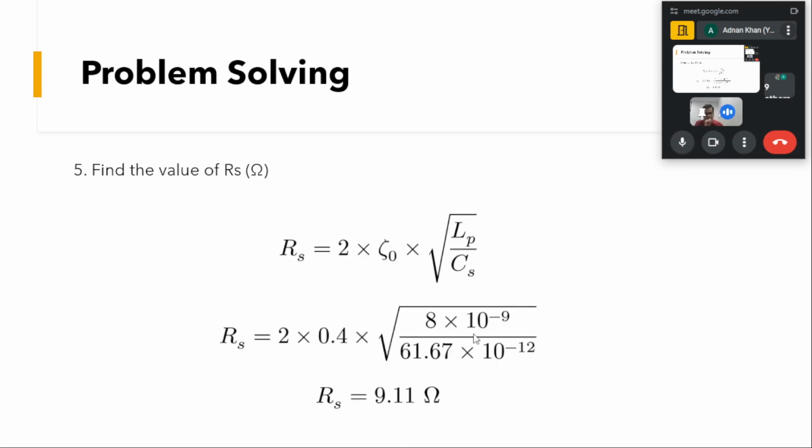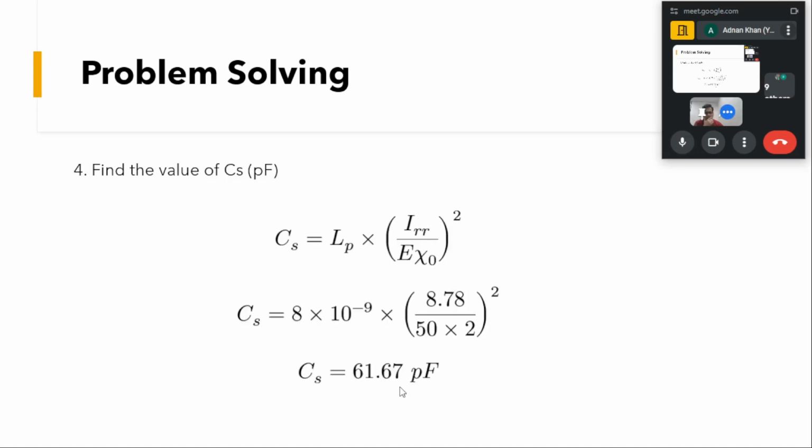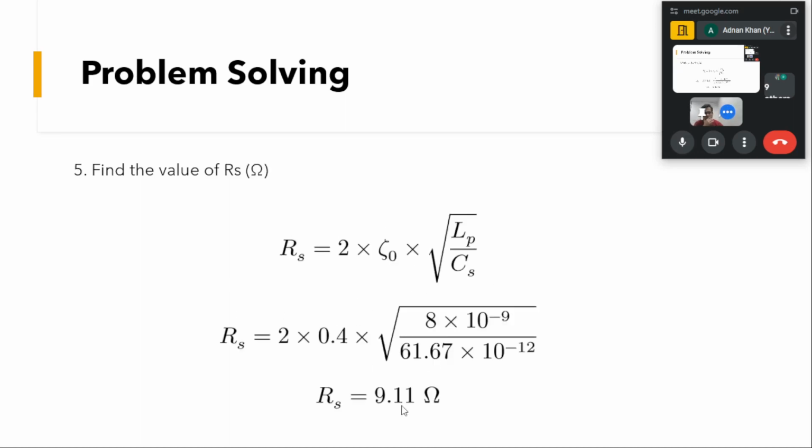If we substitute these values, we get RS around 9.11 ohm. So if we design this RC snubber for limiting the peak to 2, we get CS to be 61.67 picofarad and RS around 9.11 ohms.